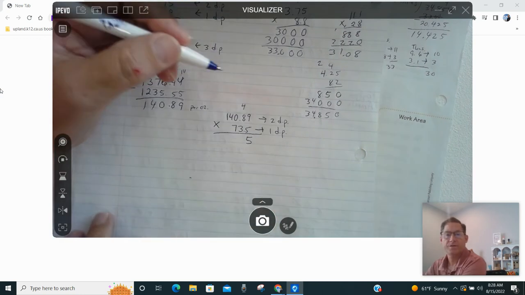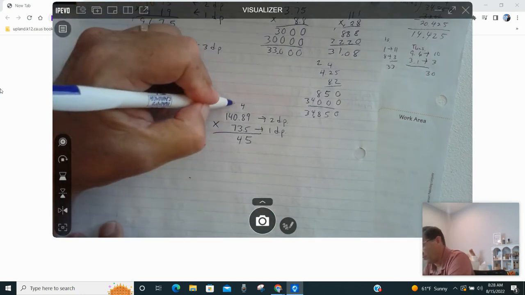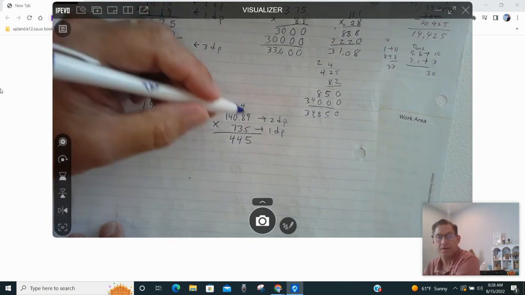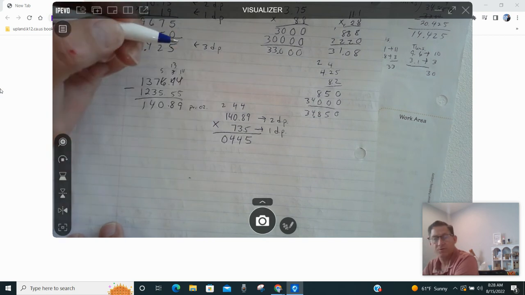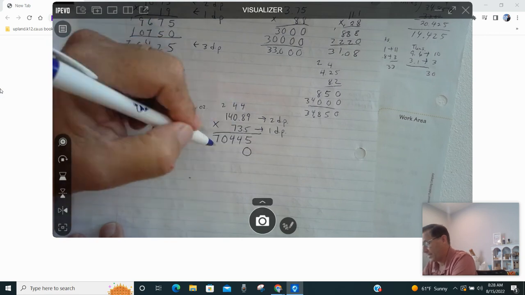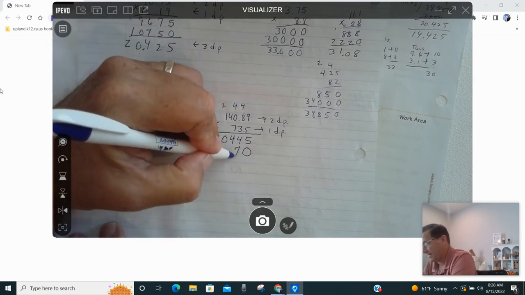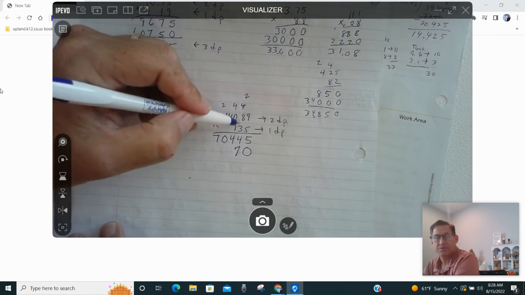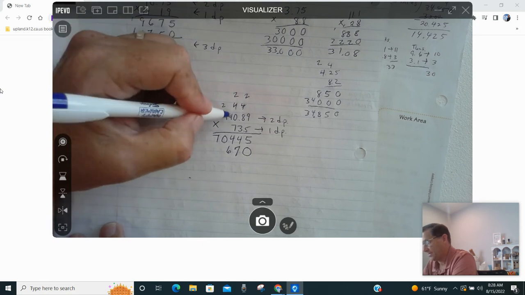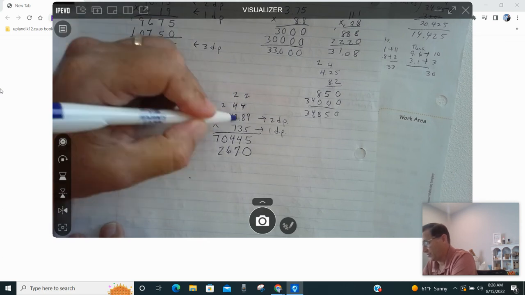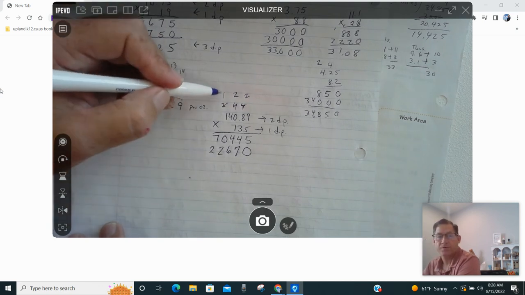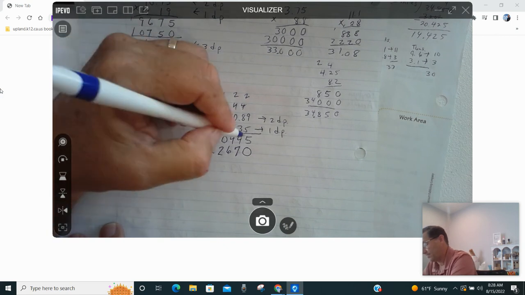Regroup. 8 times 5, 40, plus 4 more is 44, regroup. 5 times 0 is 0, plus the 4 regrouped is 4. 5 times 4 is 20, regroup. 5 times 1 is 5, plus the 2 regrouped is 7. 3 times 9 is 27. 8 times 3 is 24, plus 2 regrouped is 26. 3 times 0 is 0, plus 2 regrouped is 2. 3 times 4 is 12, regroup. 3 times 1 is 3, plus the 1 regrouped is 4.